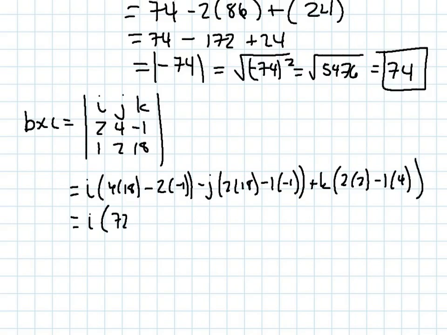So then I get 72 plus 2, minus j times 36 plus 1, plus k times 4 minus 4.